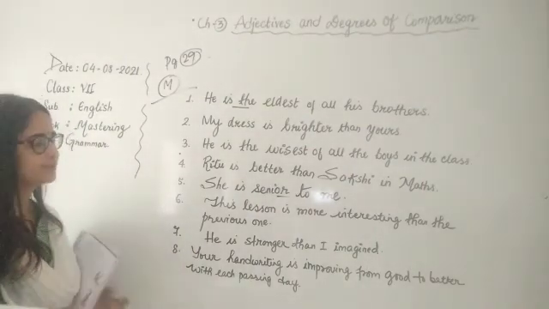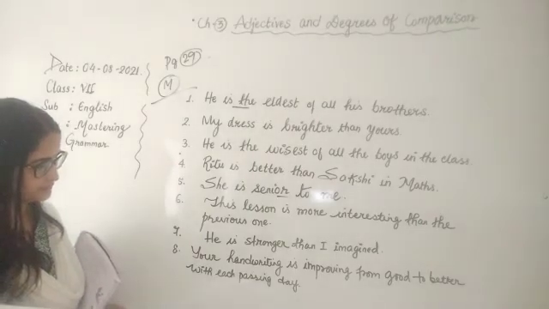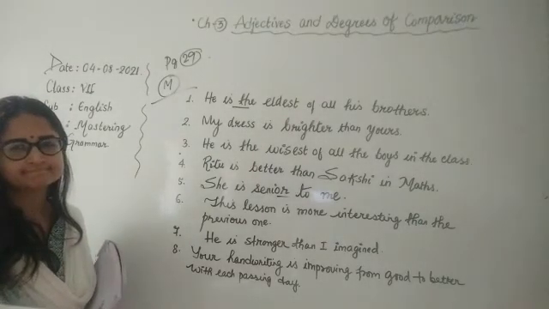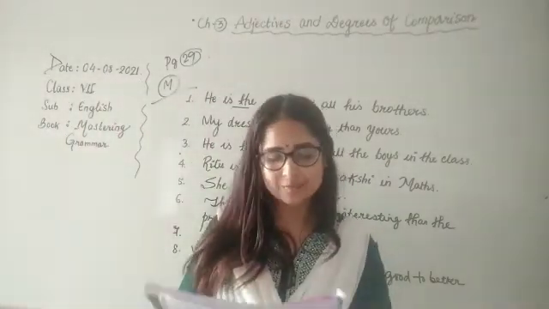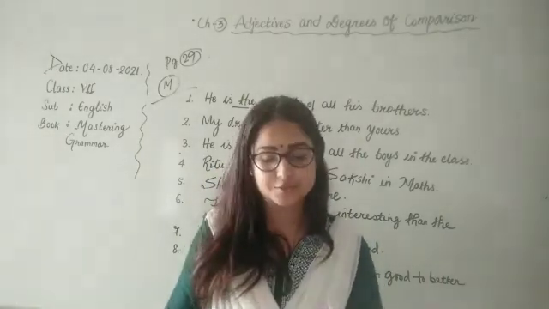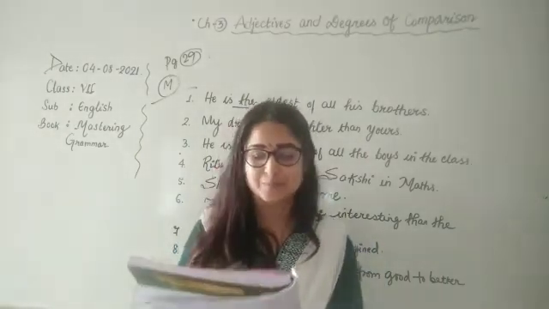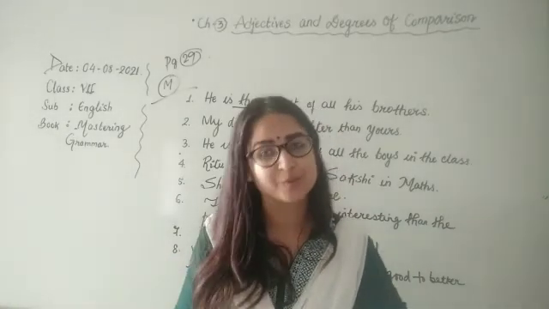So I hope it's clear for you. Okay, children, we are done with all the exercises that we have in this chapter. I hope you understood this chapter. Now let's see, we have certain points to recall. Adjectives of quality answer the question what kind.